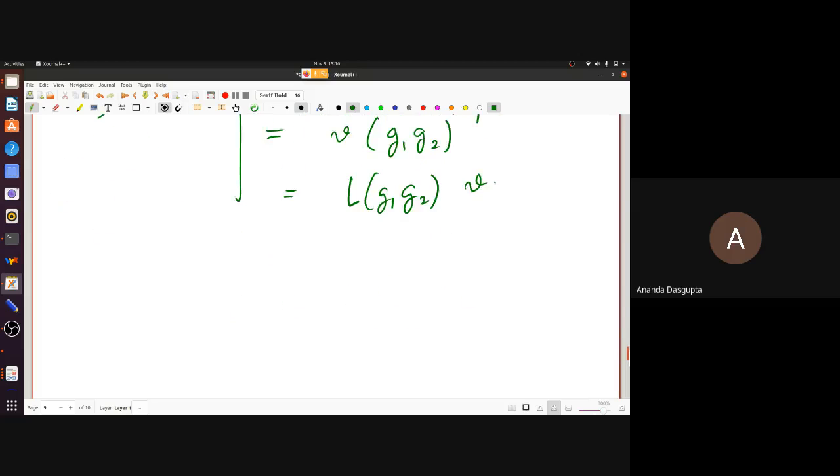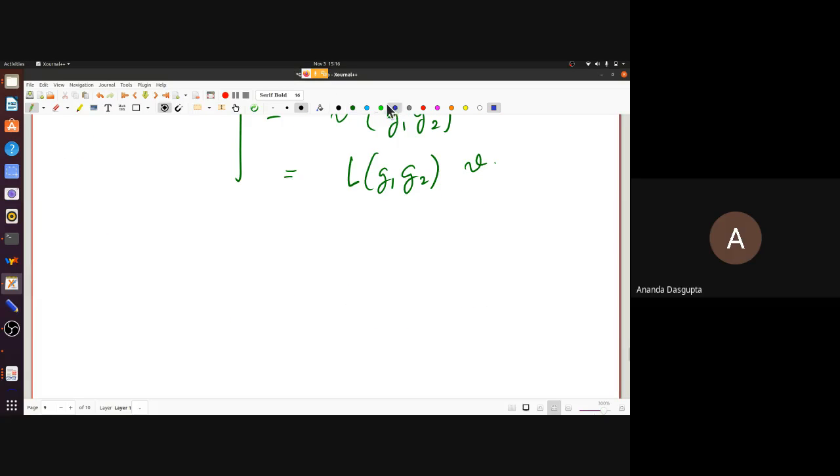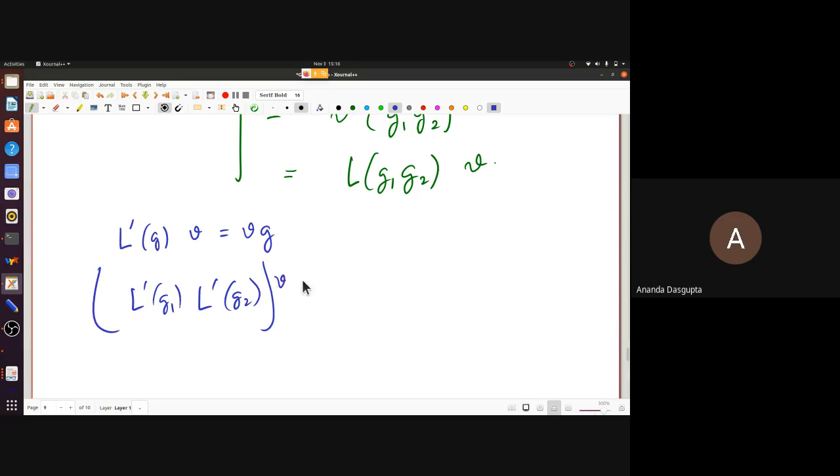Just to make this a bit more obvious, let me show what would have happened if we had instead defined L prime G acting on V to be, say, V times G. Then L prime G1 L prime G2 on V would simply be, L prime G1 will wait its turn until L prime G2 gets to act on V. So that's V G2. And then L prime G1 will act on V G2, so we'll produce V G2 G1.